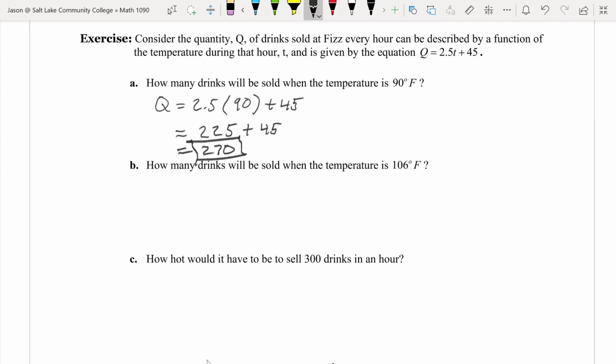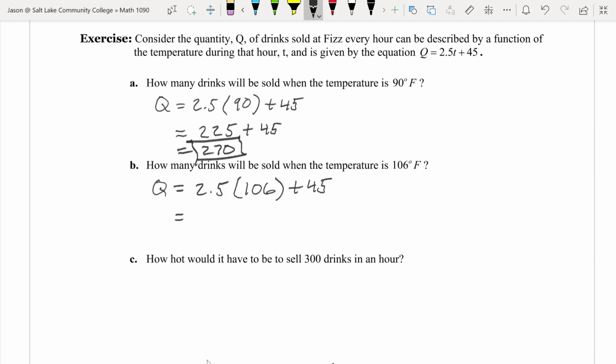Part B, how many drinks will be sold when the temperature is 106 degrees Fahrenheit? Again, we want to evaluate this function when the input is 106. I'm going to use my same trick. 2 times 106 is 212.